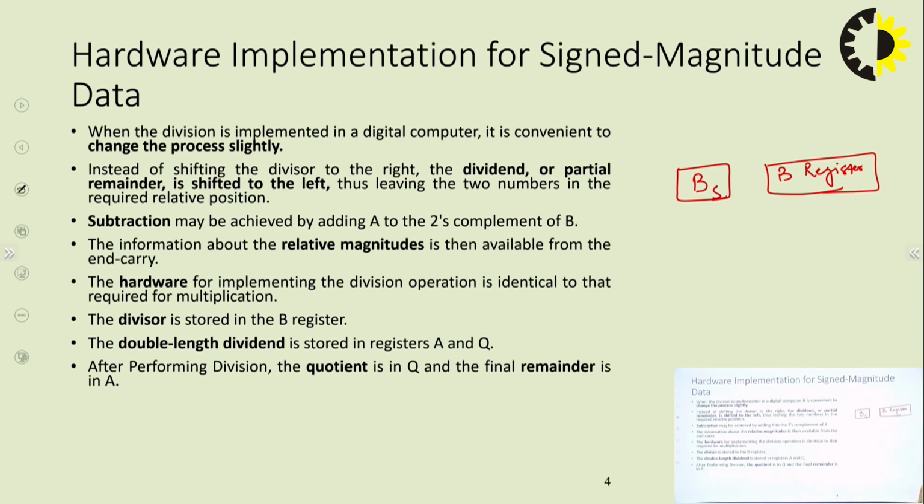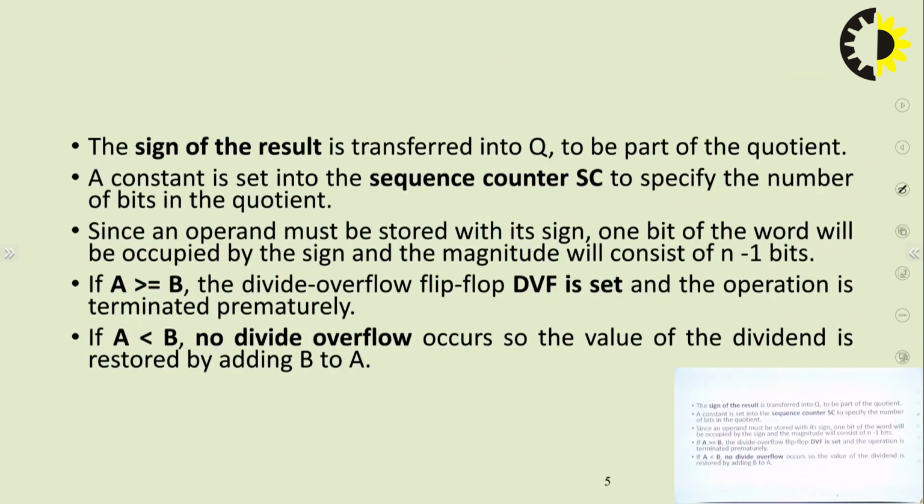After performing the division, the quotient is in Q and the final remainder is in A. So after performing the division process, we will get the quotient in the Q register, and it also has a QS bit for sign purposes. The sign of the result is transferred into Q to be part of the quotient, whether it is negative or positive, depending upon the initial values.